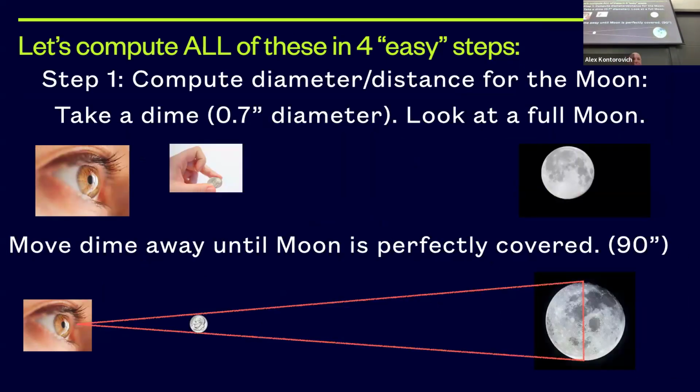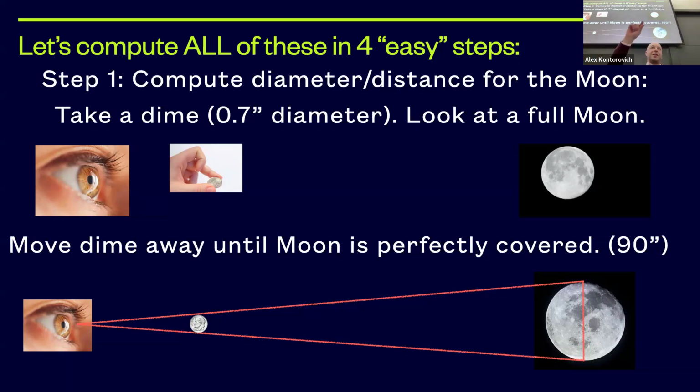Okay, so step right up, we're going to measure all these things in 4 easy steps. Step 1 is we want to compute the relation between the diameter of the moon and the distance to the moon. How could you do that? You wait for a full moon. That happens once a month, roughly.